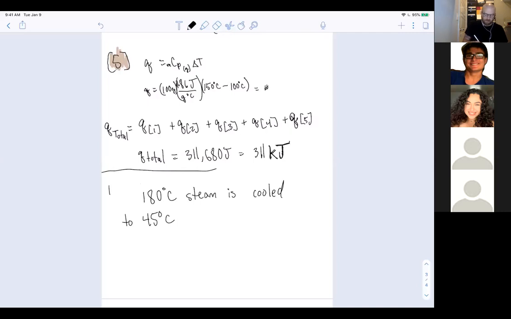We'll do 10 grams. 10 grams of 180 degrees steam is cooled to 45 degrees Celsius. How much heat is associated with the process?